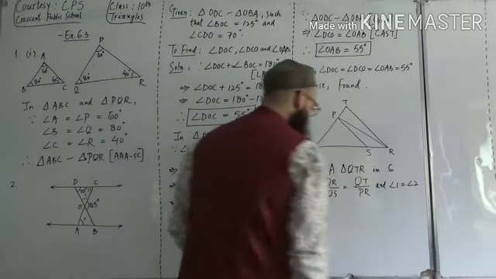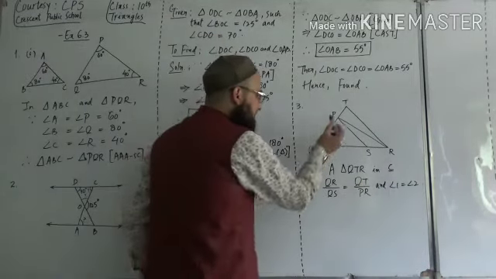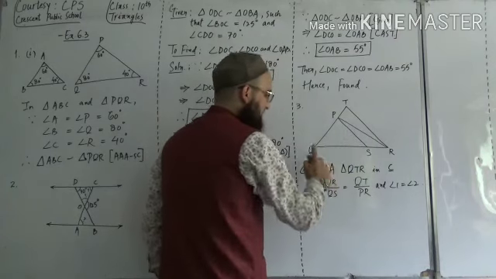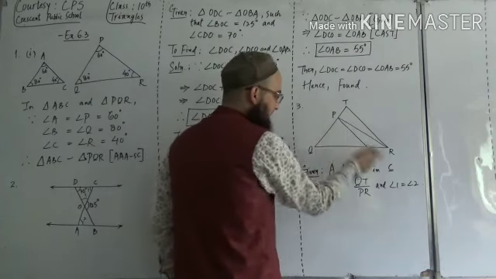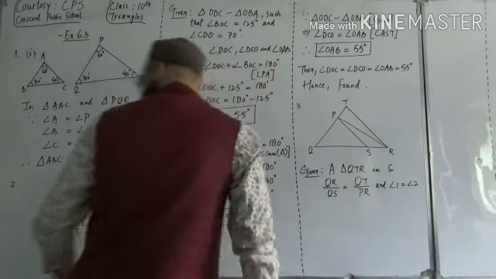This is given. Now see, QR by QS is equal to QT by PR, and angle 1 is equal to angle 2.